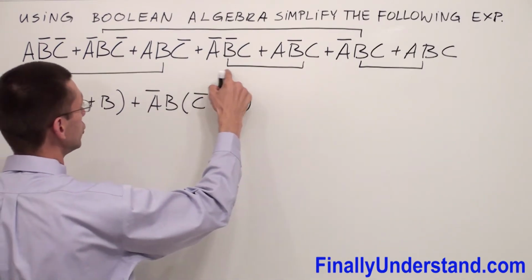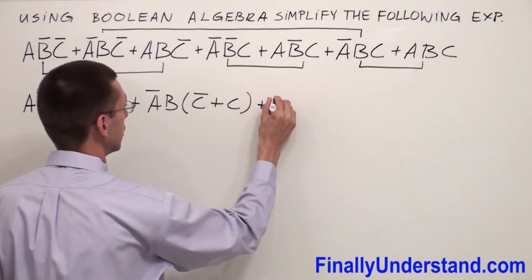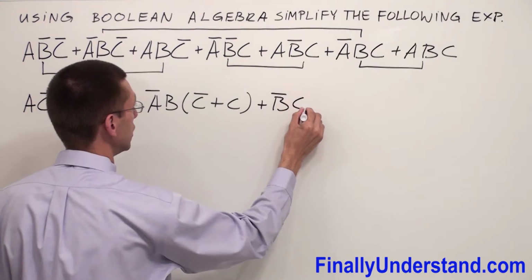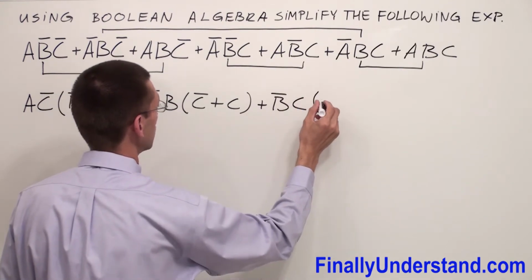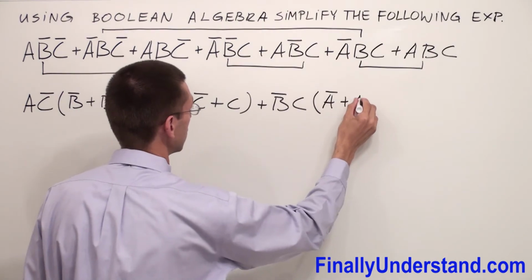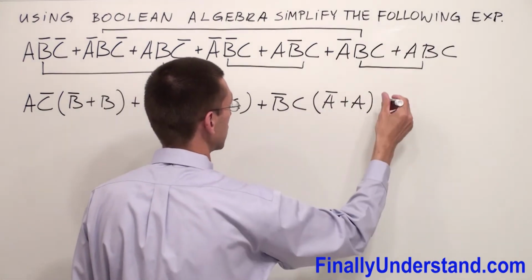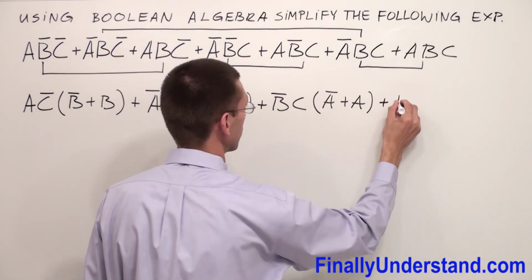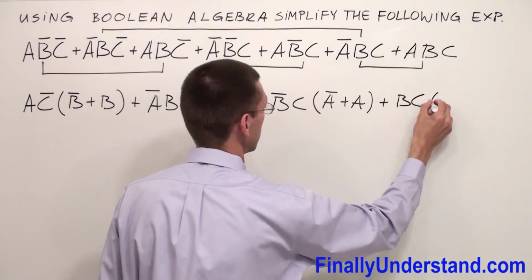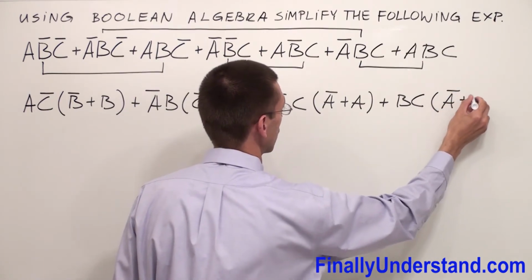From these two terms I'm going to factorize b naught c, and inside of the parentheses I'm going to have a naught or a. From these two terms I'm going to factorize bc. Inside of the parentheses I'm going to have a naught or a.